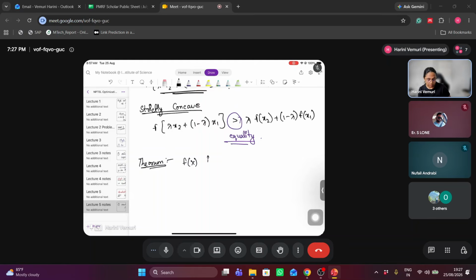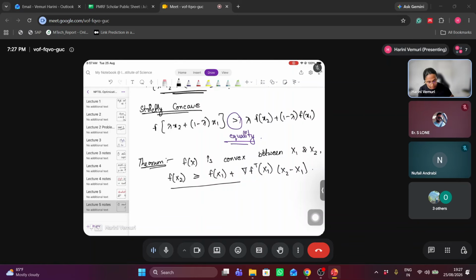If f of x is a convex function between x1 and x2, then we have f of x2 is greater than or equal to f of x1 plus the first differentiation of function f at x1 times x2 minus x1.